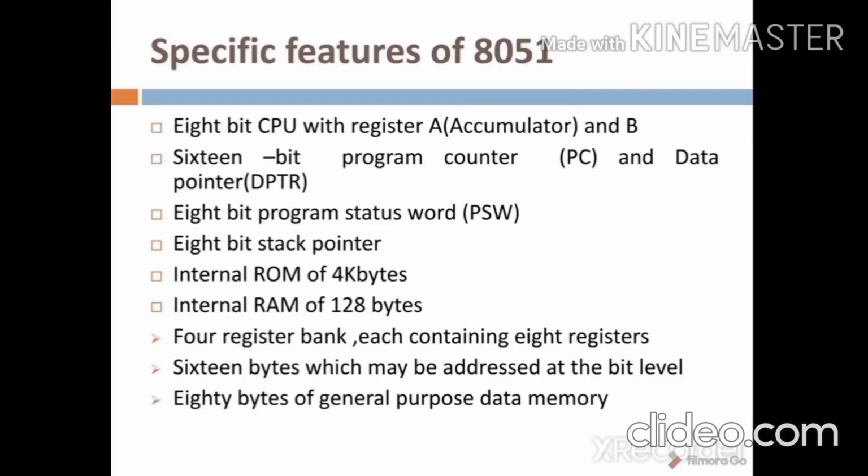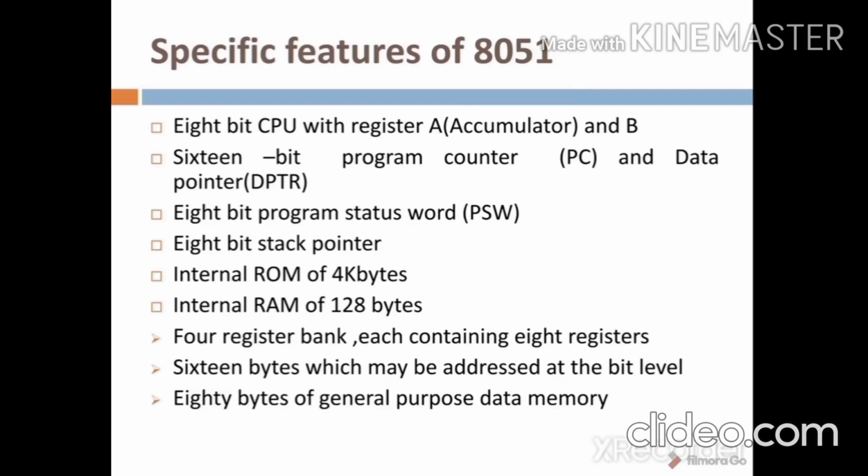Then these are the special features of 8051. The 8051 microcontroller contains an 8-bit CPU with register A, that means accumulator, and B. It also contains a 16-bit program counter, that means PC, and data pointer, that means DPTR.